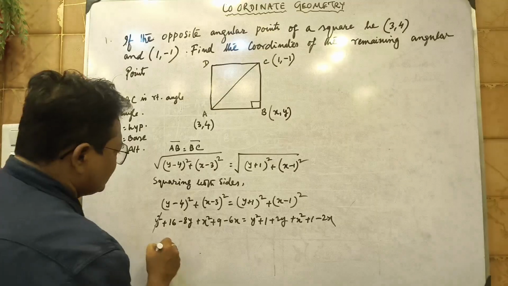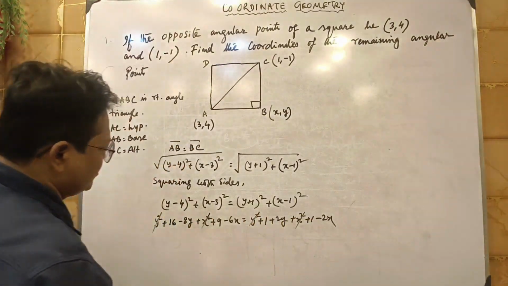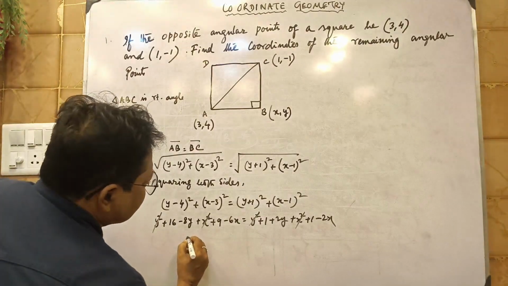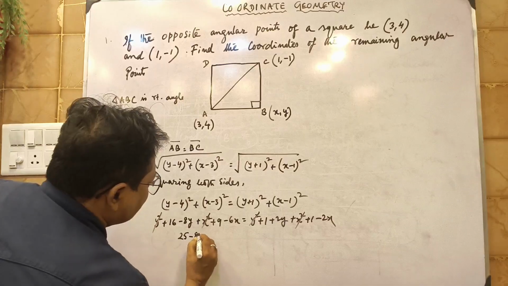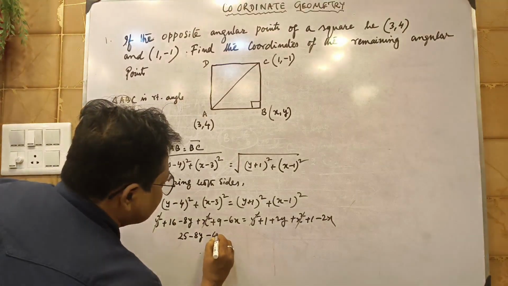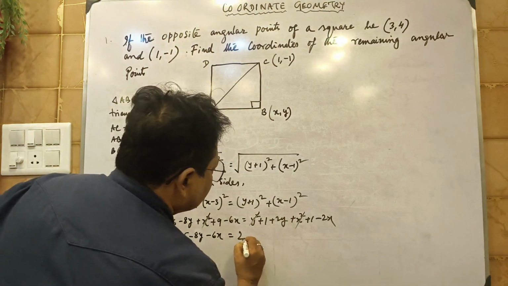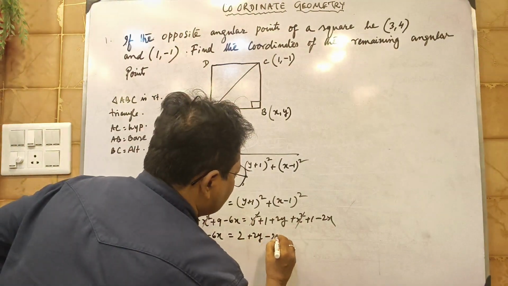The y square and x square cancel out, and here it is 25 minus 8y minus 6x equal to 2 plus 2y minus 2x.